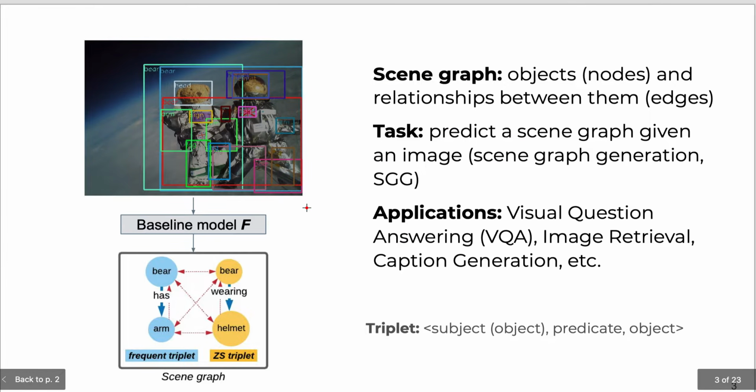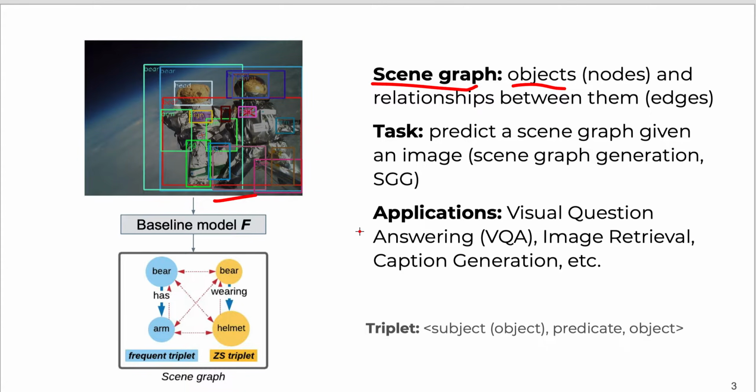Okay, so what is scene graph generation? It is the problem when we have an image as the input, and we want to predict a scene graph, which is a collection of objects and relationships between them.